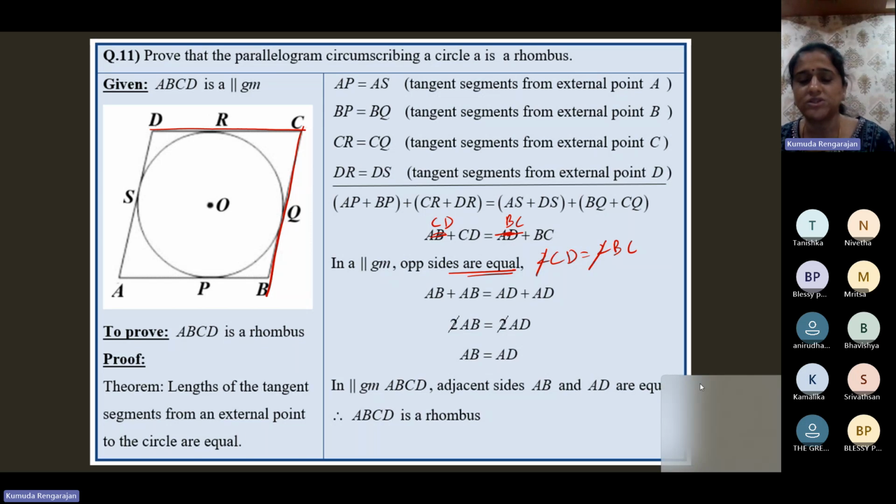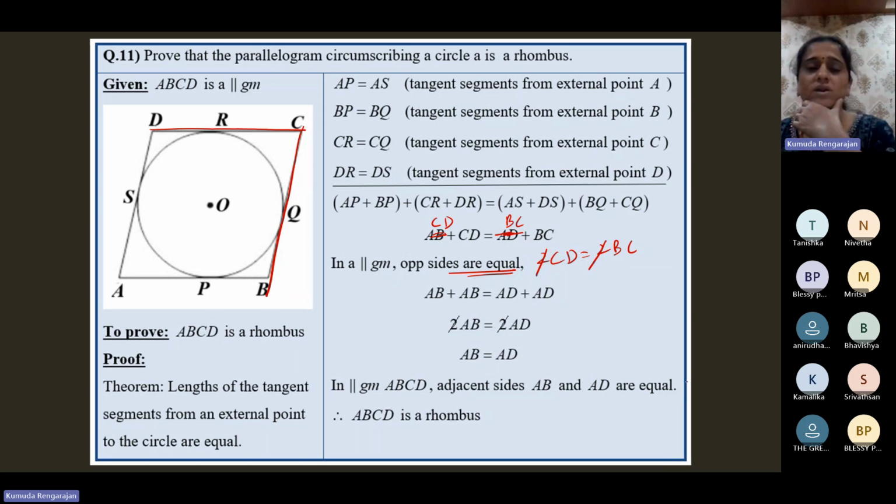See, we're using the definition of a rhombus. A rhombus is a parallelogram in which all the sides are equal. And if you remember in 9th standard, when opposite sides are already equal, to prove that all the sides are equal, it is enough to prove that one pair of adjacent sides are equal. We already have opposite sides equal. We need to show that all the sides are equal.